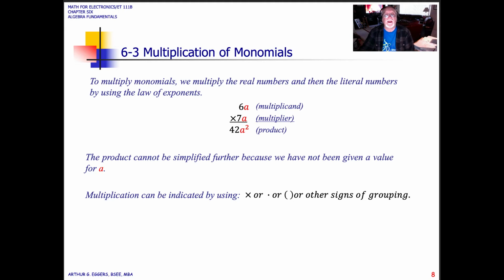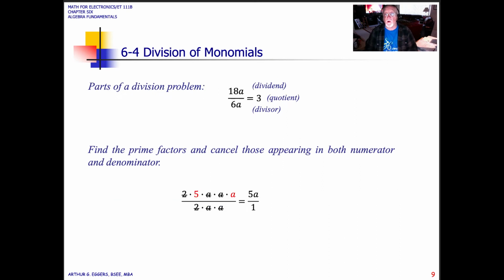The product cannot be simplified farther because we have not given a value to a. Okay, so that's as far as we can solve this problem until we give a some value. Again, recall we can use the multiplication cross, a dot, or parentheses as part of grouping to indicate operations and/or multiplication.